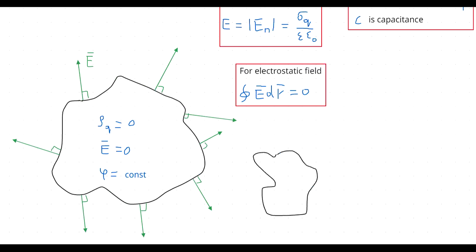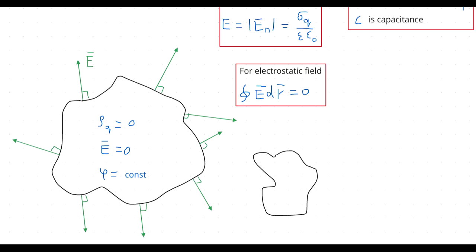There will be interaction between electric charges on the surfaces of these conductors, and this interaction will lead to redistribution of electric charges on the surface of conductors, and this redistribution is known as electric induction.